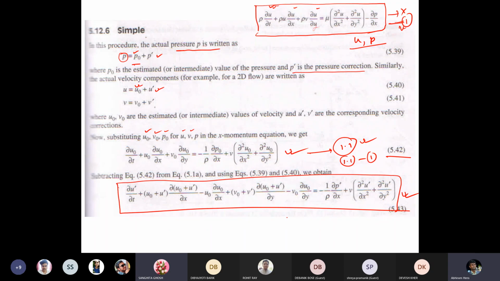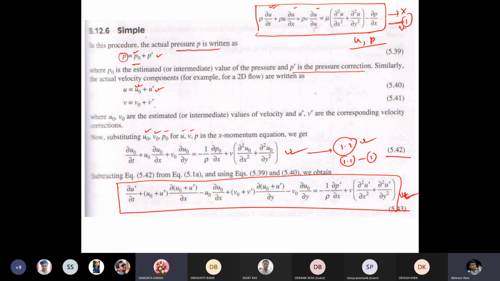Now from this equation, there is a beautiful assumption we can take. Patankar is one of the very stalwart figures in CFD. He has a book, and he proposed the SIMPLE algorithm, Patankar and Spalding.